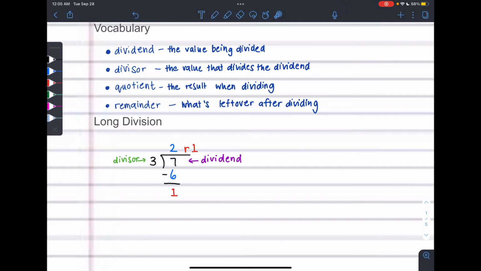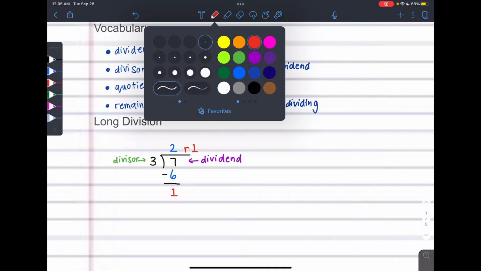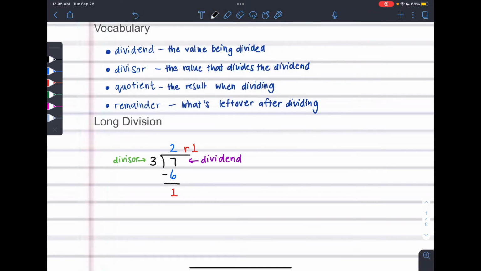Okay. So when we write this result, we get 2 with a remainder of 1. Now, when we say the actual answer for this problem, we say that 7 divided by 3 is actually equal to our quotient 2 plus our remainder 1 over 3, or 2 and 1/3.